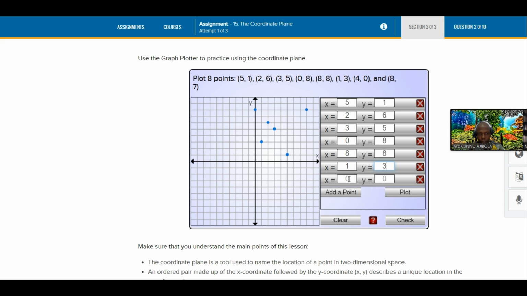Yes. The seventh one, 4 comma 0. So you can see all the points appearing on the grid. And the last one, 8 comma 7, right? Is that clear? Yes. Okay.